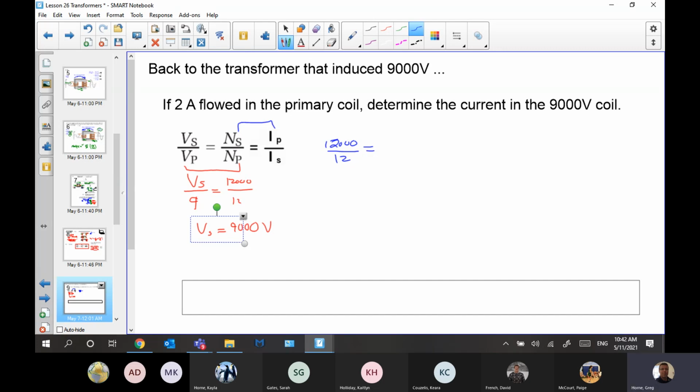So the primary and the secondary here, if I'm looking for what the secondary current is going to be, then I'm going to solve for it. Let's do the easy math flip trick, right? Where we flip everything upside down. So 12 over 12,000. You can get away with that if you just have two fractions that are equal to each other. You can't get away with that if you had like a fraction plus a number. You can't just flip it, right? But if you don't have that extra number, then you can just flip it.